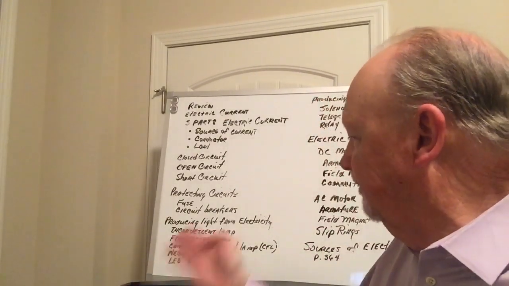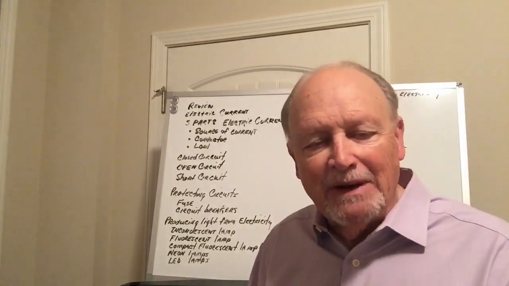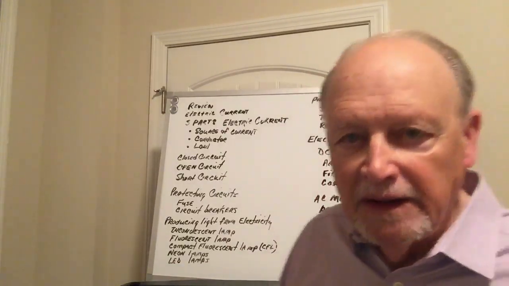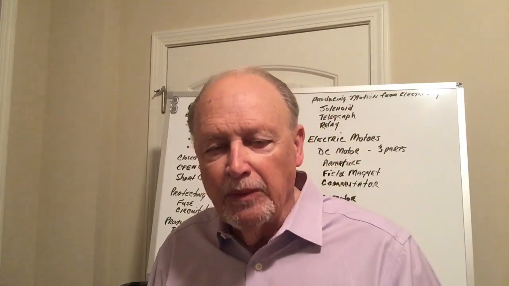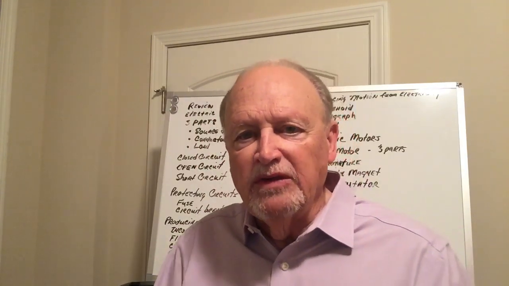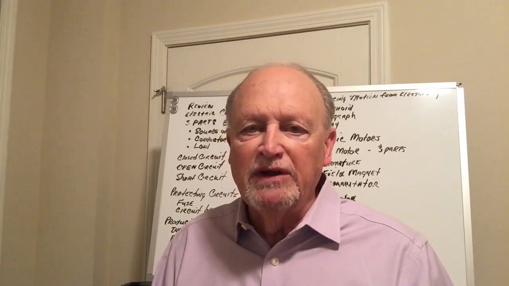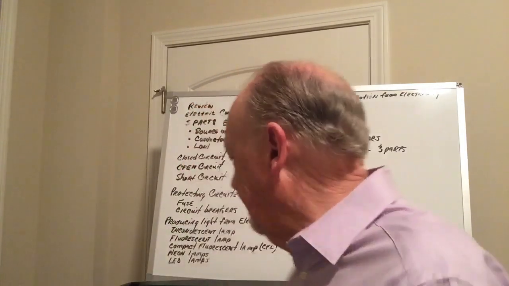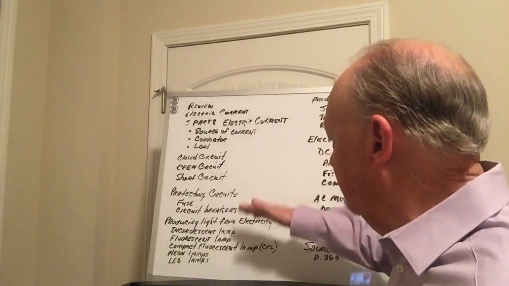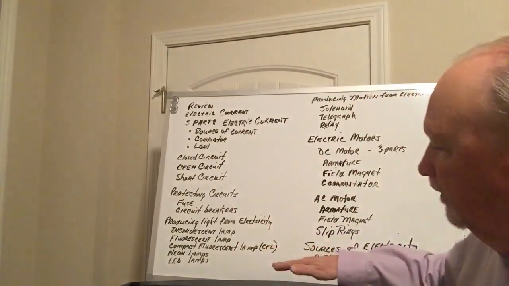Same process, but the fluorescent lamp is a lot more efficient than the incandescent lamp, and the compact fluorescent lamp, or the CFL, is even more energy efficient than even the tube lamp, and that's through technology. And we've come a long way in the area, of course, of light.